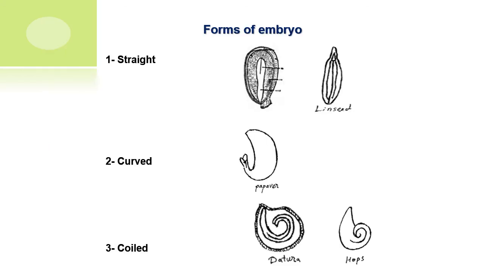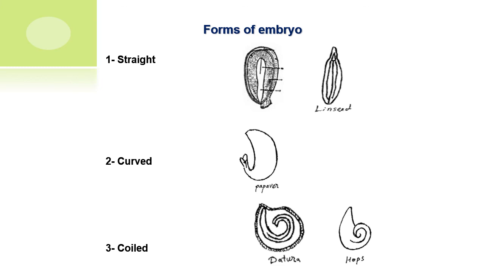If we take a longitudinal section in the seed, there are different shapes of embryo according to the development. The first type is a straight embryo, in which the cotyledon and radicle are on a straight line. This is a longitudinal section parallel to the cotyledons and a longitudinal section perpendicular to the cotyledons.